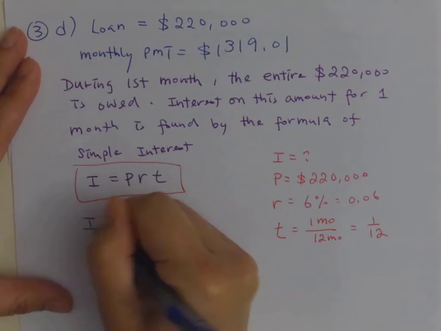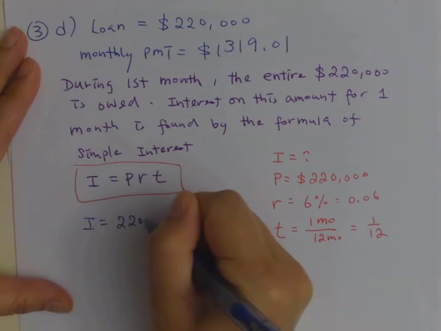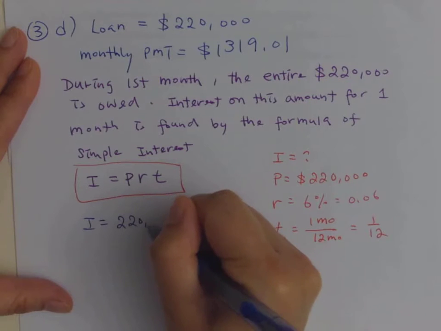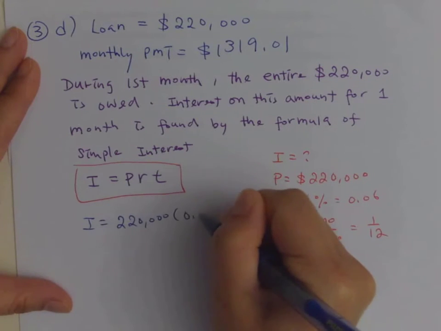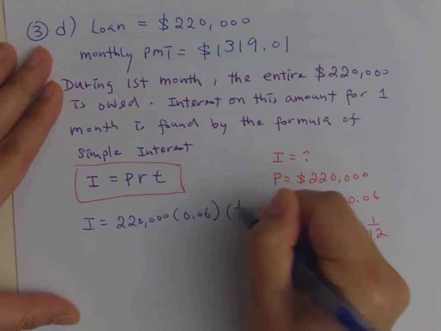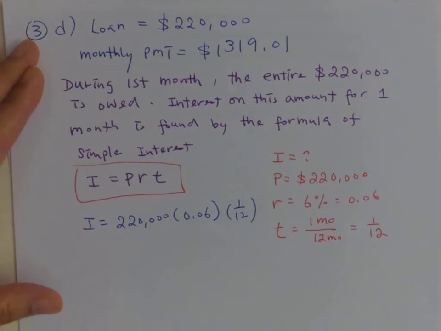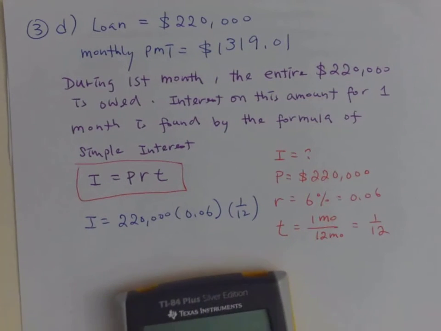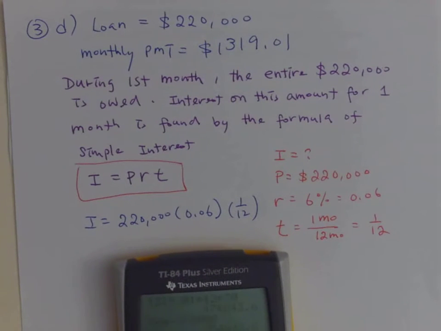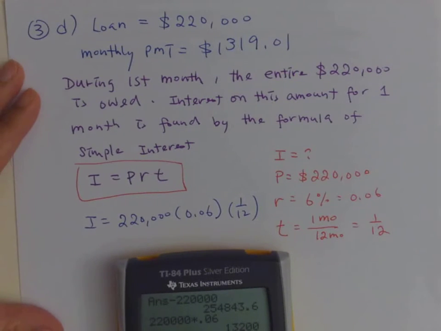So I equals 220,000 times 0.06 times 1/12. Use your calculator: 220,000 times 0.06 divided by 12. So the first month, the interest part is $1,100.